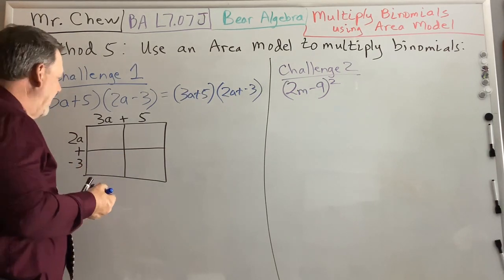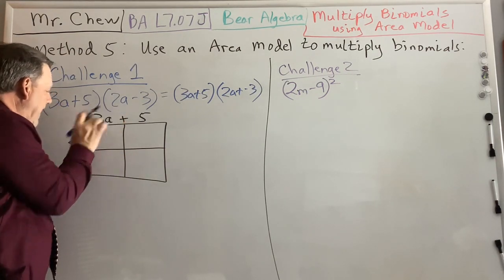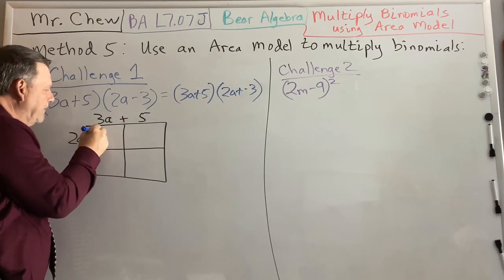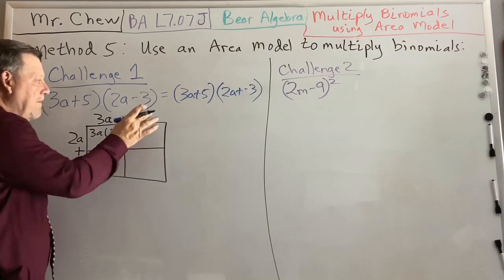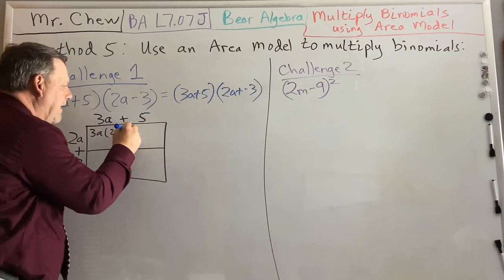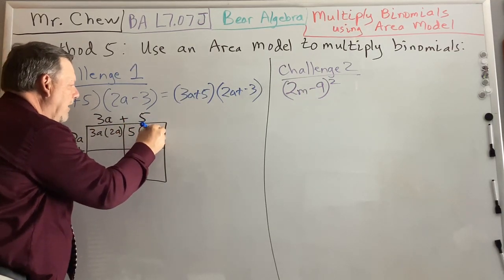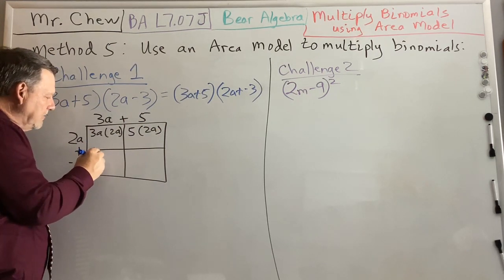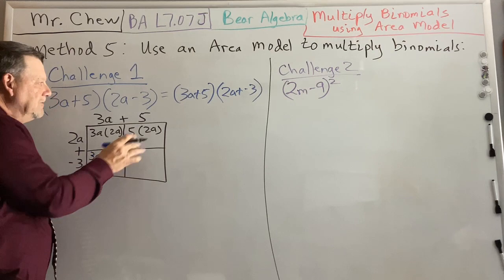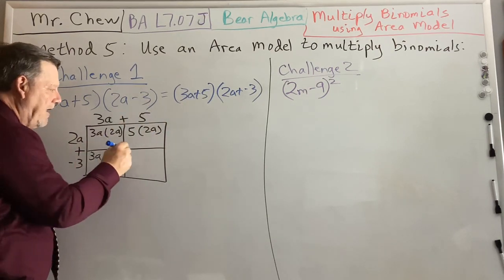So let's just do it now. I take my 3a times my 2a. And then I take my 5 times my 2a. Then I take my 3a times my negative 3. Then I take my 5 times my negative 3.